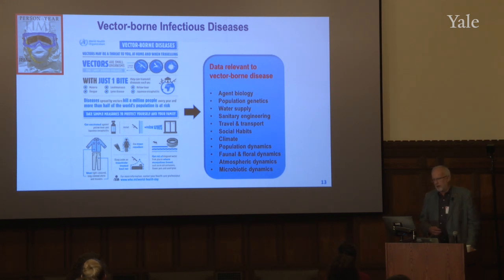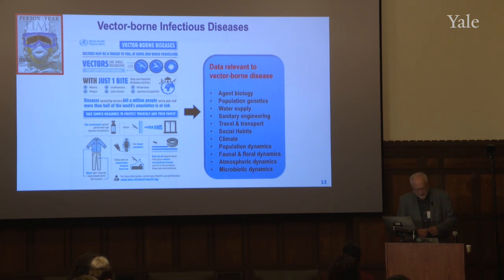So with Ebola and other vector-borne diseases, the point of this graphic is to show that understanding these diseases and developing mitigation approaches requires working across many different scientific disciplines and domains.